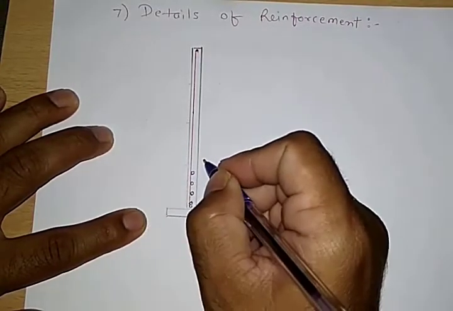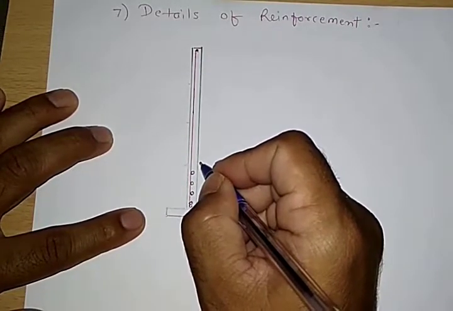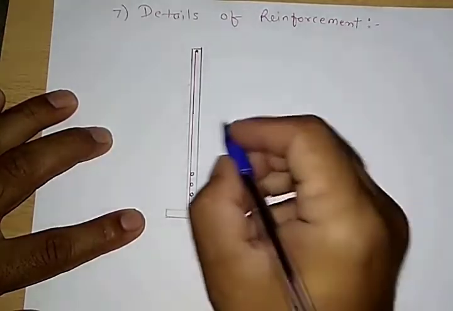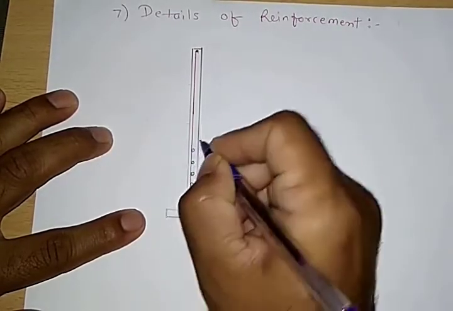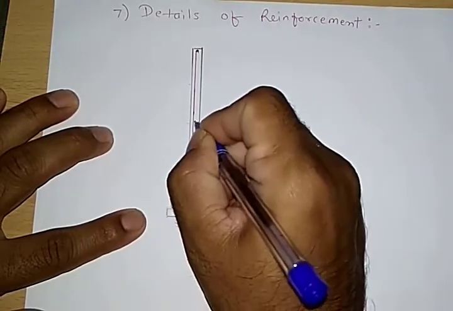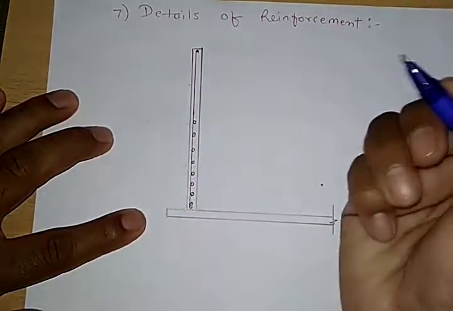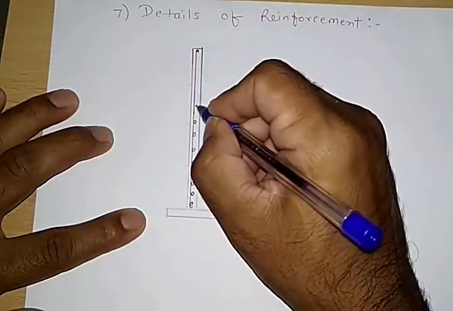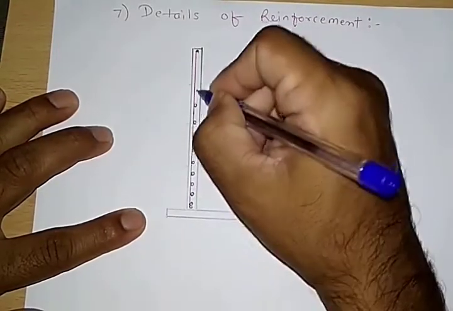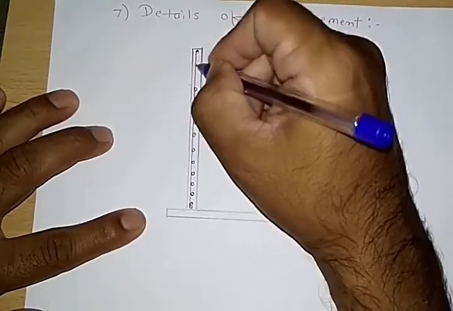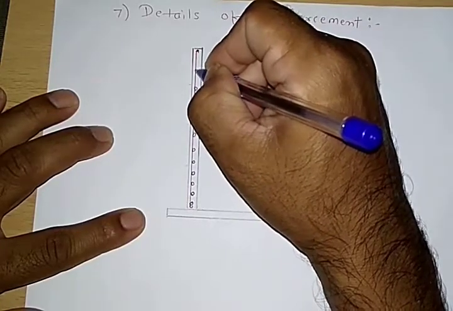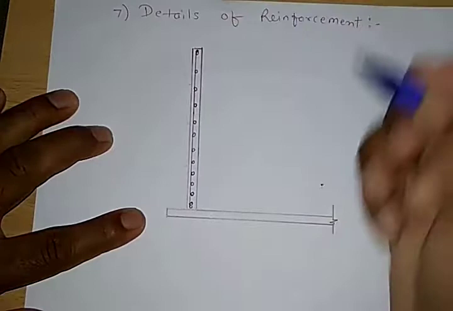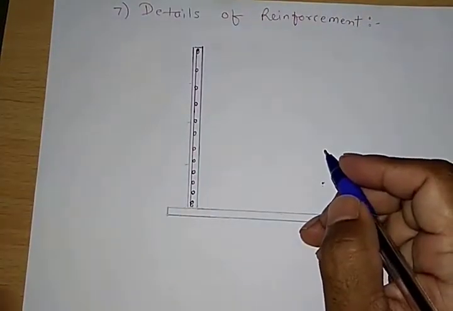And then it goes on increasing. So then it is 200 mm. And then it is 300 mm. So spacing again goes on increasing. And then it is 500 mm. At the last it is 500 mm. So this is how the spacing has to be there.